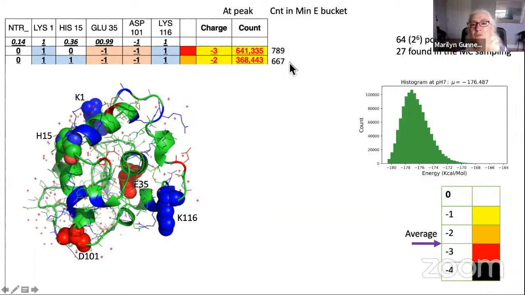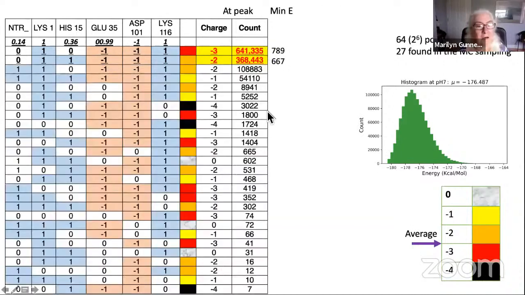And this is actually the relative count in this lowest enthalpy bucket. So you look at the lowest enthalpy bucket, you see that this one, so that's there. And you can go through, these are all of the 27 different charge states. So this guy's only seen 7 times. This one's seen 600,000 times.